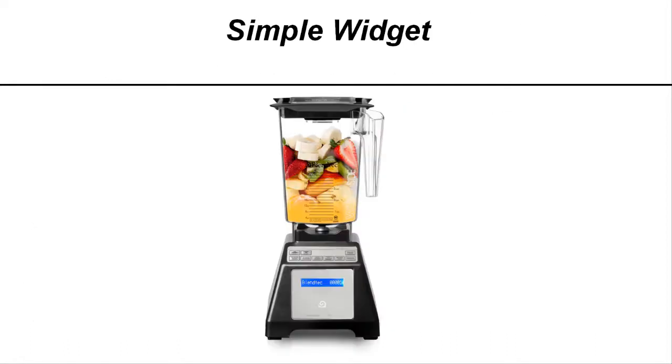Now let's look at a simple widget. Here I have a Blendtec blender, and a blender's a great widget. We can see here a blender needs a motor. We have some buttons, and we have this display. This is maybe our communication to the user, but it's some I/O. So that's some good digital I/O right here.